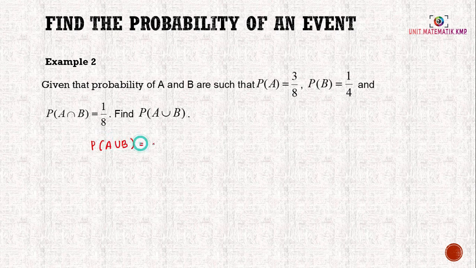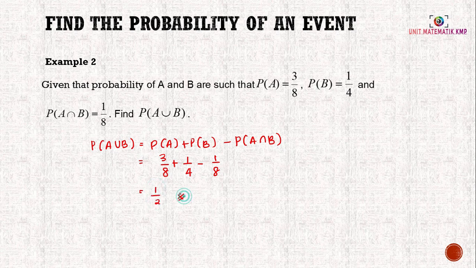P(A union B) equal to P(A) plus P(B), and then minus P(A intersect B). So we substitute the probability given in the question. 3 over 8 plus 1 over 4, and then minus 1 over 8. So just press your calculator and you can get the answer is 1 over 2.